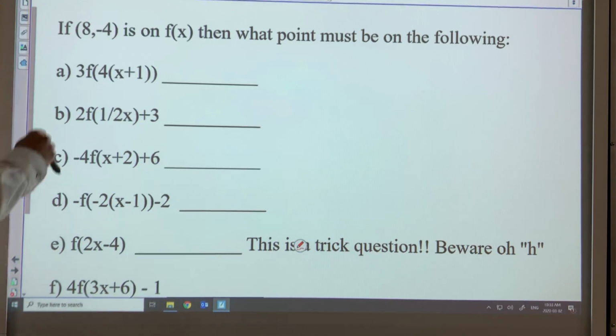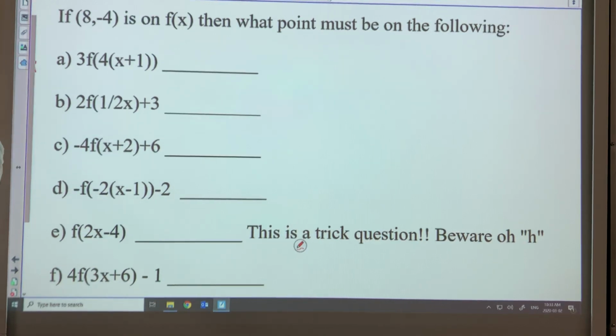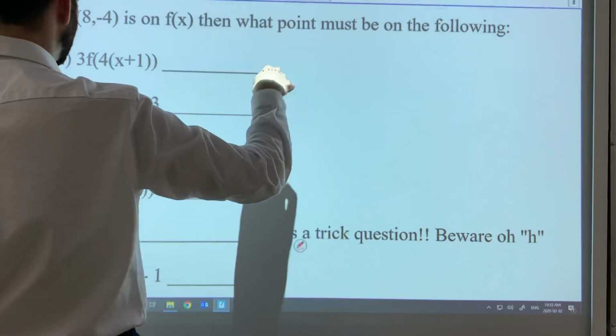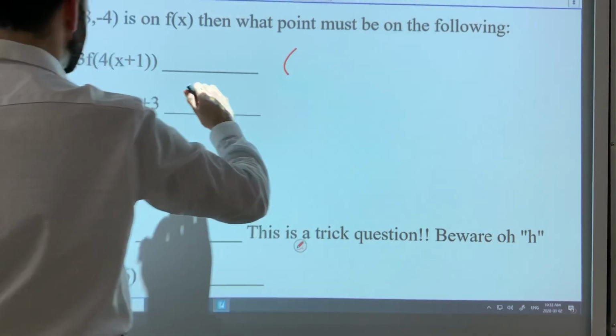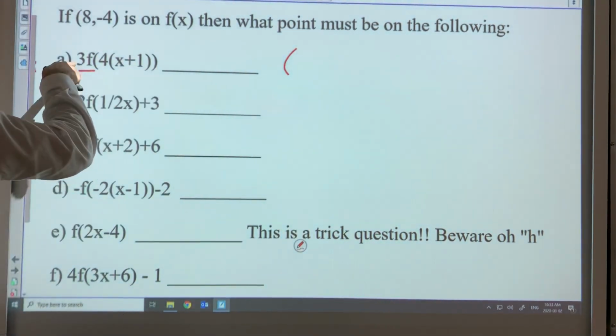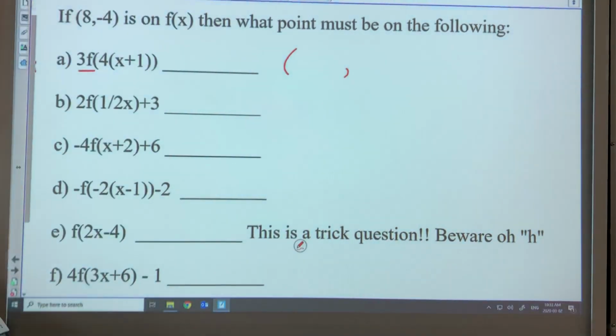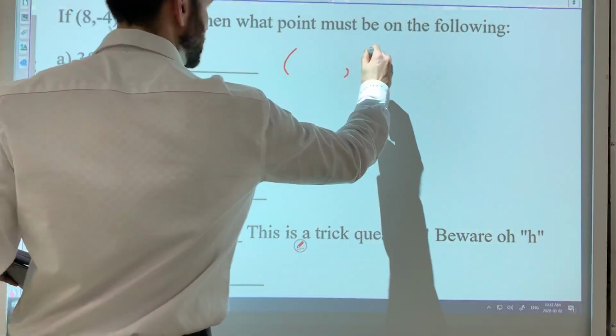Okay, just some practice taking some of these and transforming 1 point. So it's 8, -4. Now what I'd like us to do is write the transformation that's happening over here. As we go from left to right, we have 1 transformation to the y variable, and what's happening to it? Times by 3, okay?